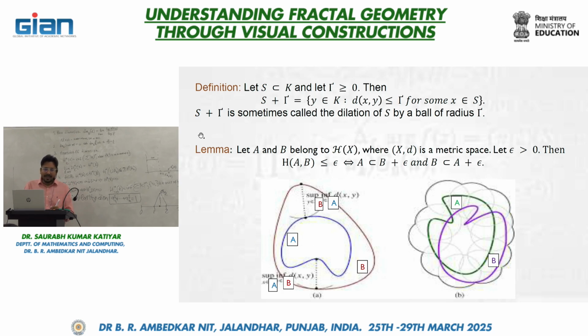So we want to find S plus gamma, which is sometimes called the dilation of S by a ball of radius gamma. So what is the definition for dilation S plus gamma? It is nothing but y belongs to K such that d of x comma y is less than or equal to gamma for some x belongs to S.